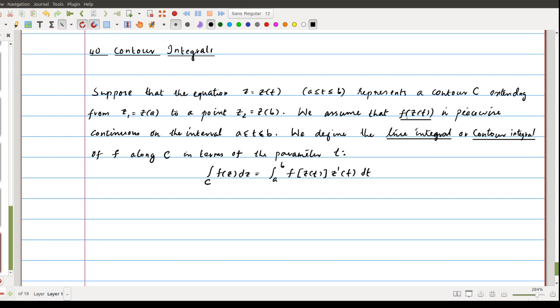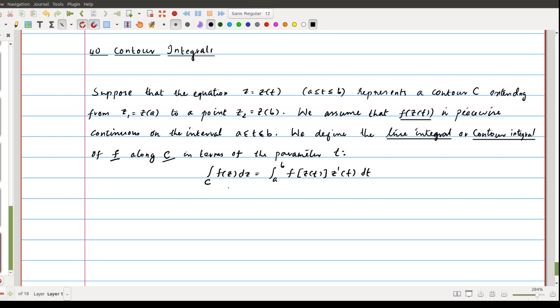This can be considered as the composition of the two functions f and z, written as f of z of t. So as a function of t, this should be piecewise continuous. In this case, we define the line integral or contour integral of the function f along the contour C in terms of the parameter t, that is integral over C of f of z dz.